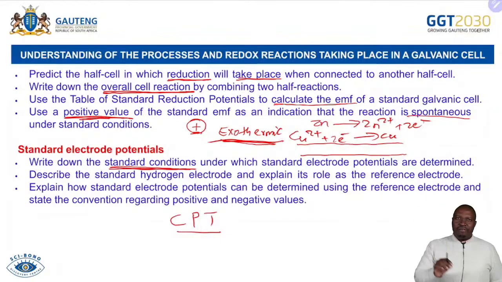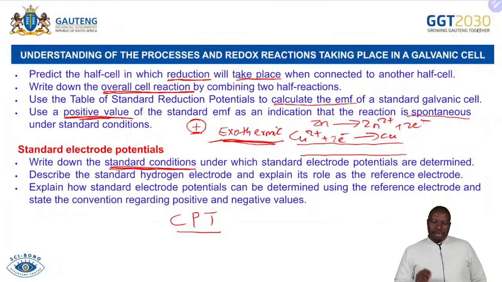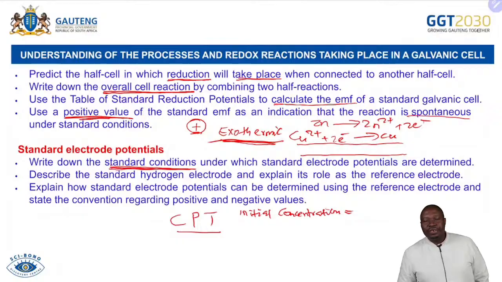But here in a galvanic cell, when we ask what the standard conditions are, you are going to take a deep breath and relax and say, here we're talking about initial concentration. That word initial is very important: this concentration is not just any concentration, it is the initial concentration.